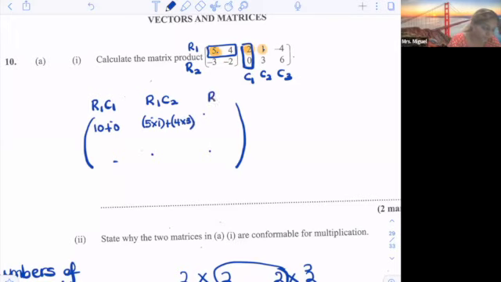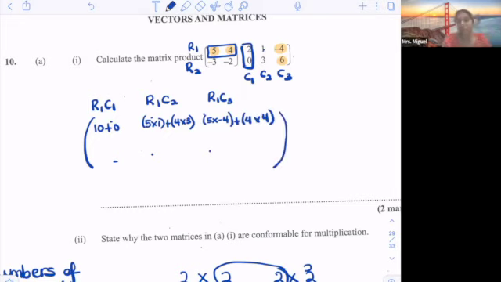So we go into row 1, column 3 now. The first element by the first element, the second element by the second element. So 5 by negative 4 plus 4 by 4.